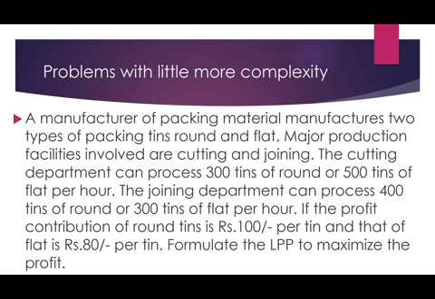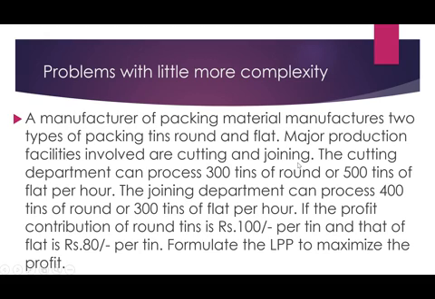The first problem: a manufacturer of packaging material manufactures two types of packing tins. One is of type round, other one is of type flat. Major production facilities involved are cutting and joining.